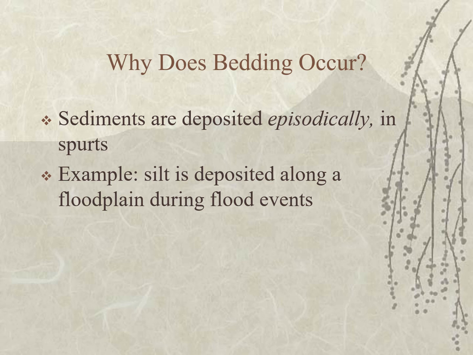So a good example is floodplain of a meandering river, and every time you have a flood event, you get a little bit of silt deposited on the floodplain, and eventually that can build into a siltstone of the future. But that's why you have bedding or layers, because sediments are deposited in episodes, spurts.